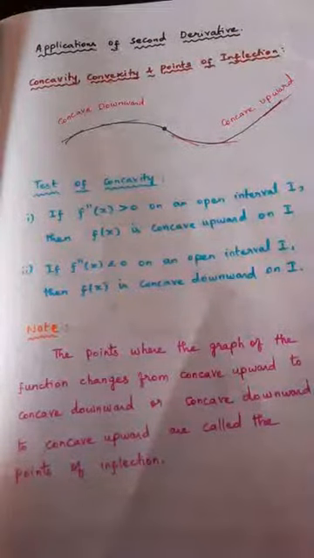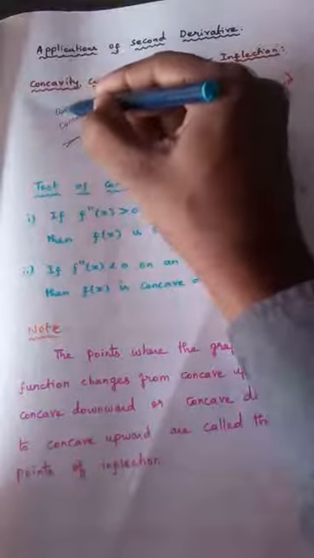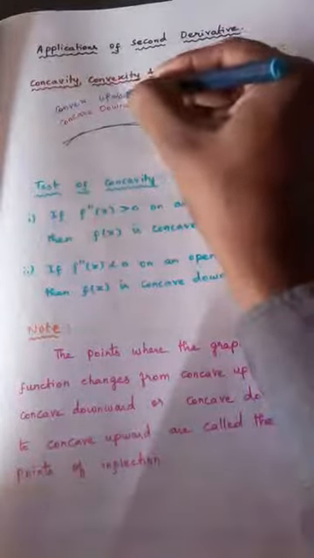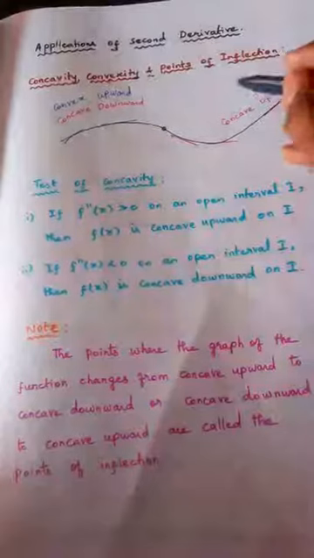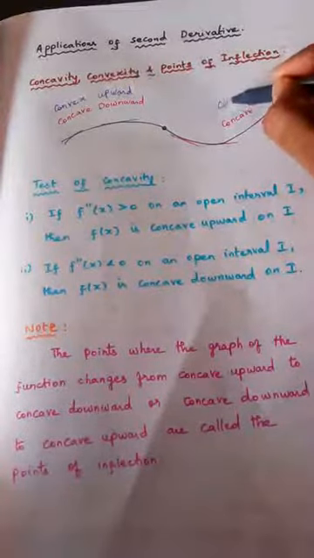Another thing, concave downward can also be called convex upward. Don't get confused, just keep one thing in your mind, that is enough. Concave upward can be called convex downward.